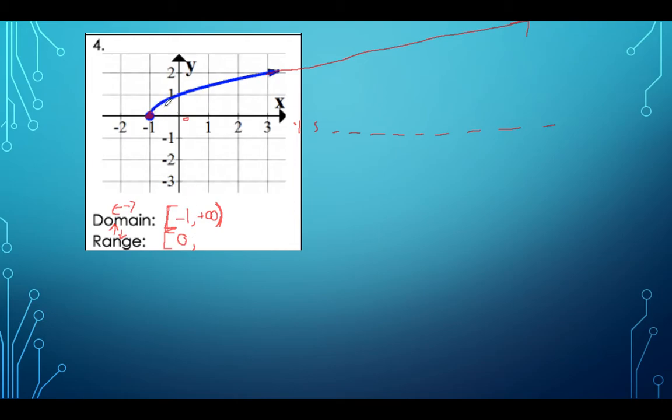And as you can imagine, if this is generally going up, and it's going to go on and on forever and ever and ever, so it's going to keep going up and it's never going to stop. So again, the highest it'll reach is positive infinity. But you can't equal infinity, so you have to throw a curved parenthesis there. So this would be the domain and range of this graph in interval notation.